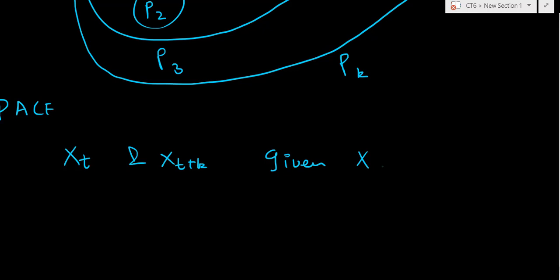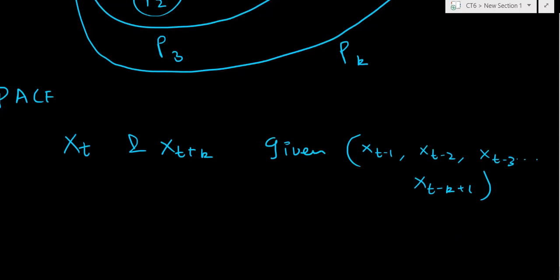If the values of all the intermediate terms are known, that is xt minus 1, xt minus 2, xt minus 3, going up till xt minus k plus 1, then what is the relationship between the two? It is purely the relationship between these two, and not the relationship transferred through the intermediate terms.